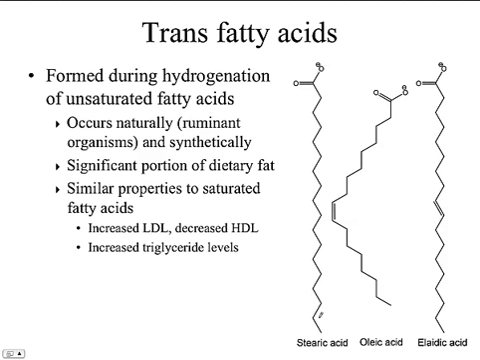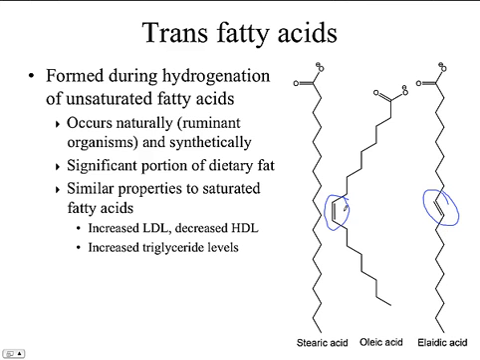Basically, the difference between a trans fatty acid and a normally occurring fatty acid, if we look at, for example, oleic acid, and look at the carbon-carbon double bond here, and compare it to elaidic acid, is that they're both 18-carbon fatty acids with a carbon-carbon double bond at carbon 9. The difference here is that the oleic acid has a cis double bond, the elaidic acid has a trans double bond.